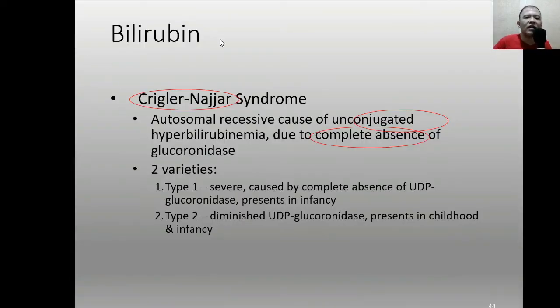Because in Crigler-Najjar, it is secondary to complete absence of glucuronidase or glucuronyl transferase. Of course, we have varieties, type 1 and type 2. But in general, this is a complete absence of glucuronyl transferase.